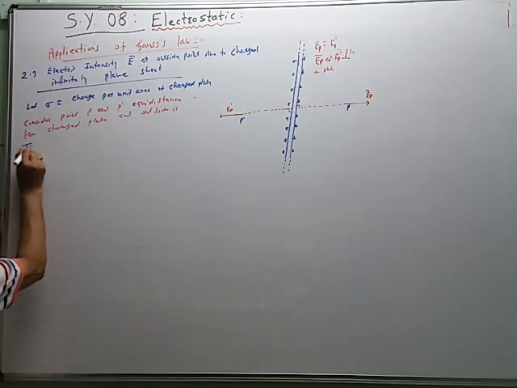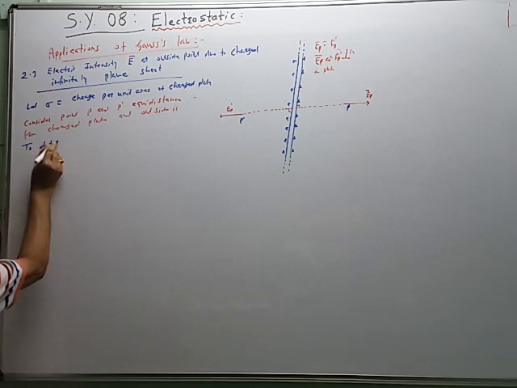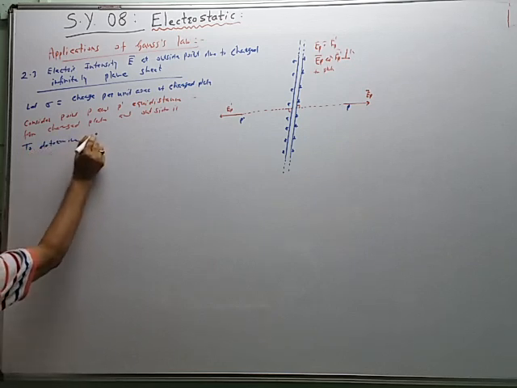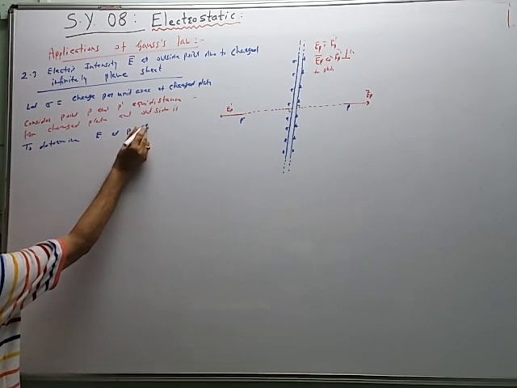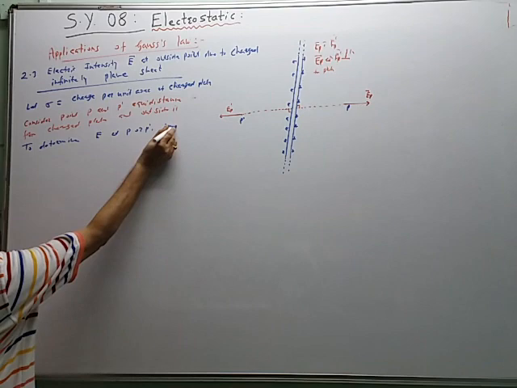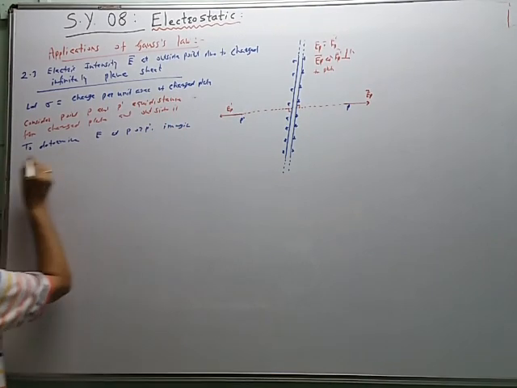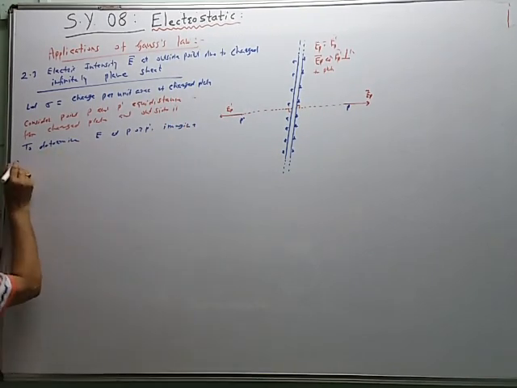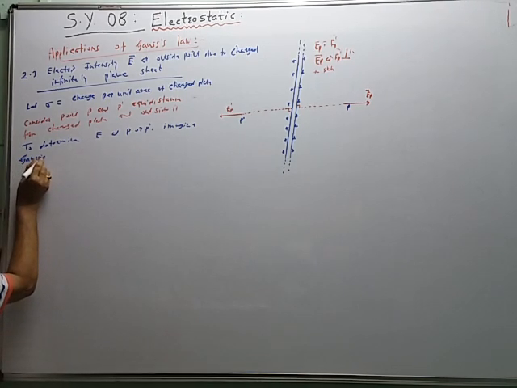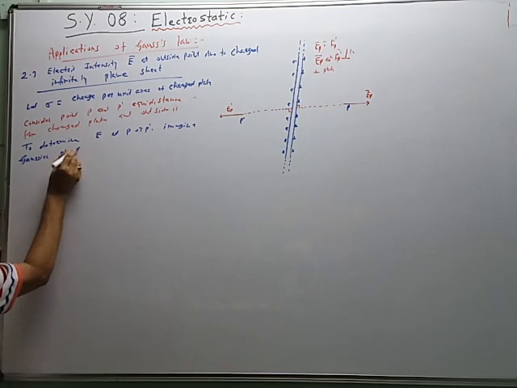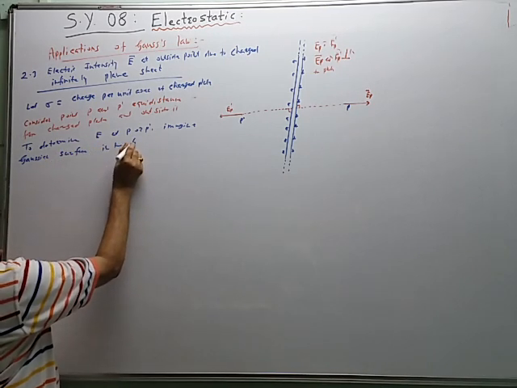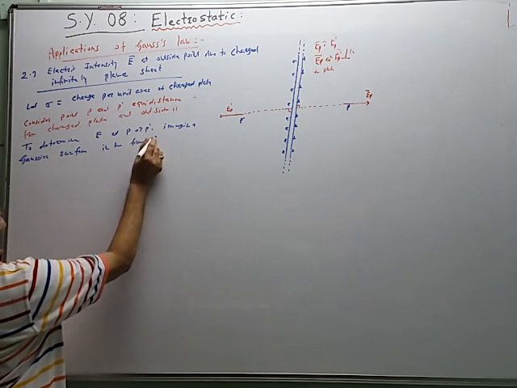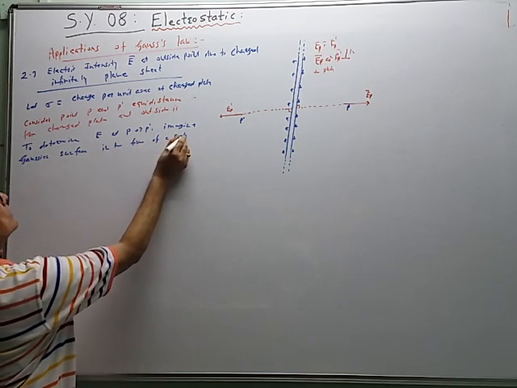To determine E at P or P dash, imagine a Gaussian surface in the form of a cylinder.